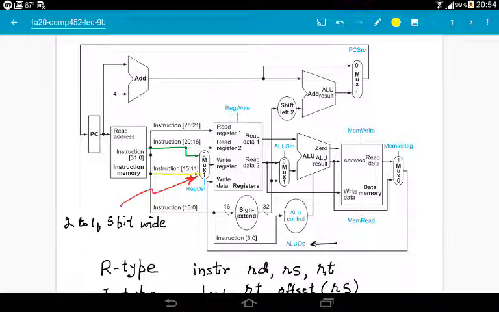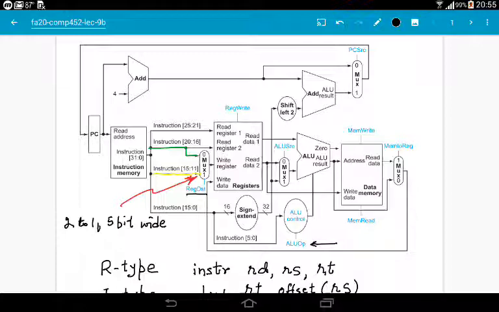So this is the reason that we need a multiplexer here, and since this is a 2 to 1 5-bit wide multiplexer, it will have only one select line, and that select line we call RegDst, register destination. I forgot to discuss this mux when we were discussing the data path in lecture 8b.